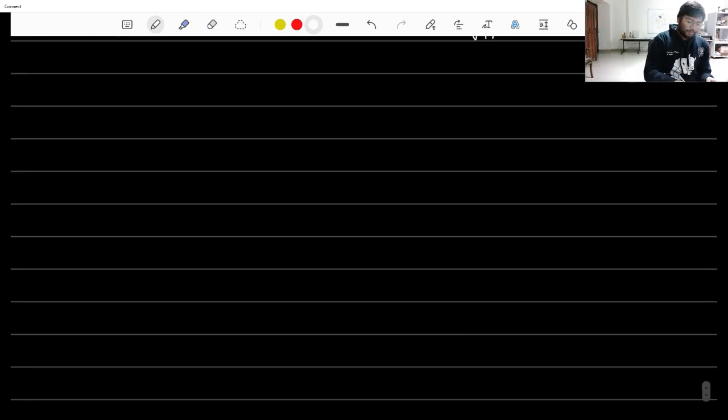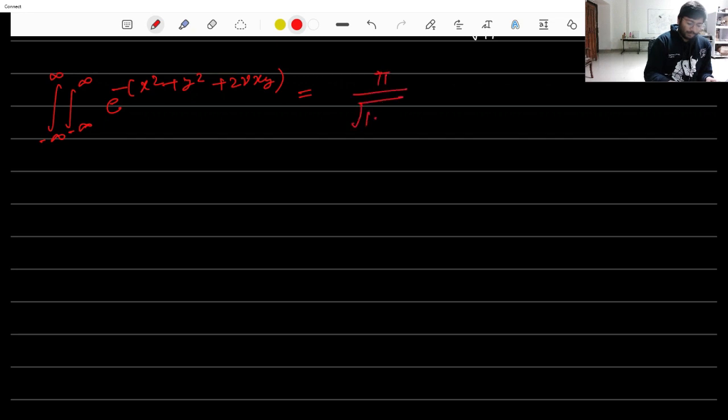Okay, so till now we saw a two-dimensional Gaussian integration like this. This formula we saw: e to the power minus (x square plus y square plus 2 nu xy), and its value we get as pi by square root of 1 minus nu square. Fine.